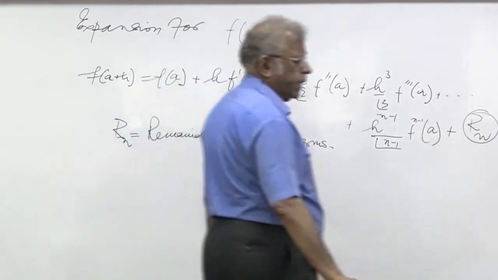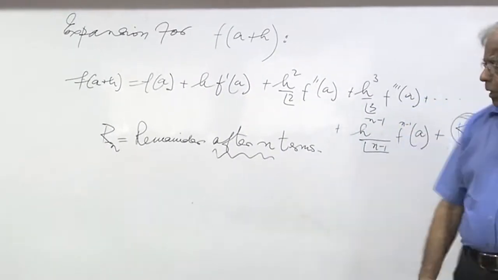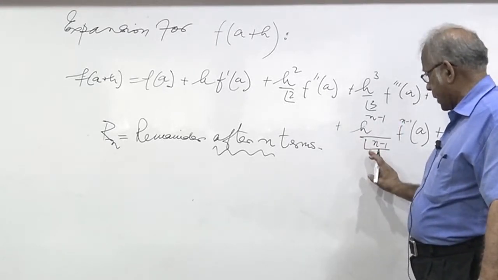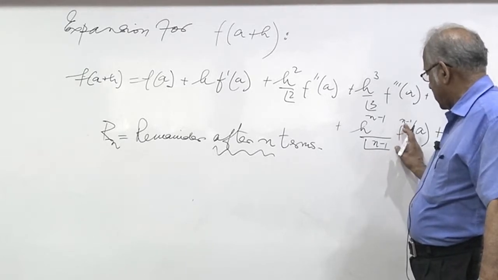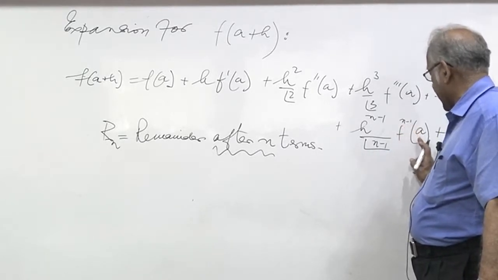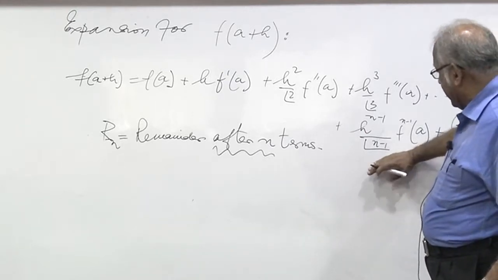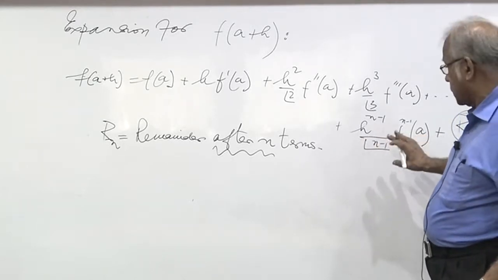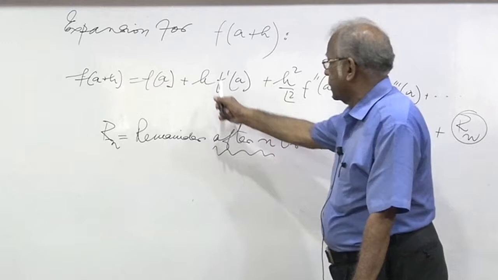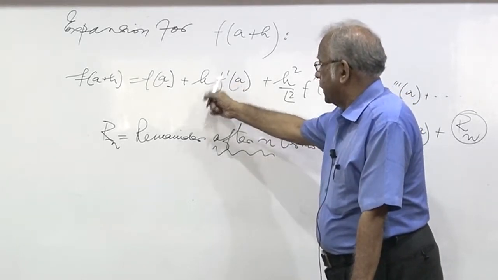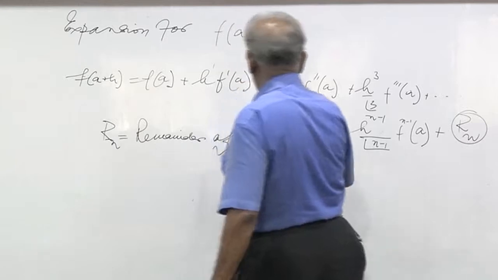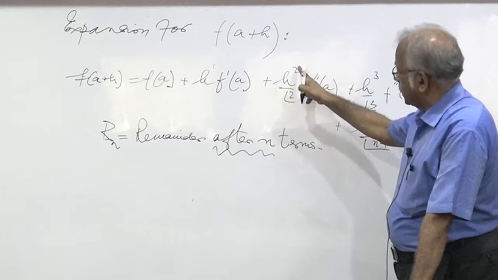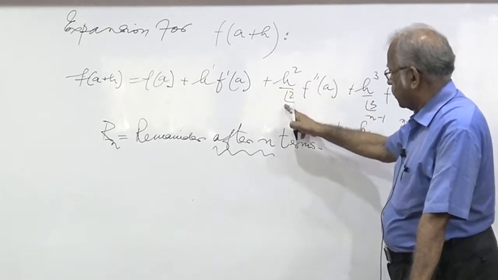It must be appreciated very clearly that once we come to this term, h to the power of n minus 1 by factorial n minus 1, f derived n minus 1 times and evaluated at a, this is the nth term, it is not the n minus 1th term. I repeat that this is the nth term. That is very evident from here. When I have one differentiation and h to the power of 1, this is the second term. When I have the third term, there are two differentiations, there is a square and there is a factorial 2.